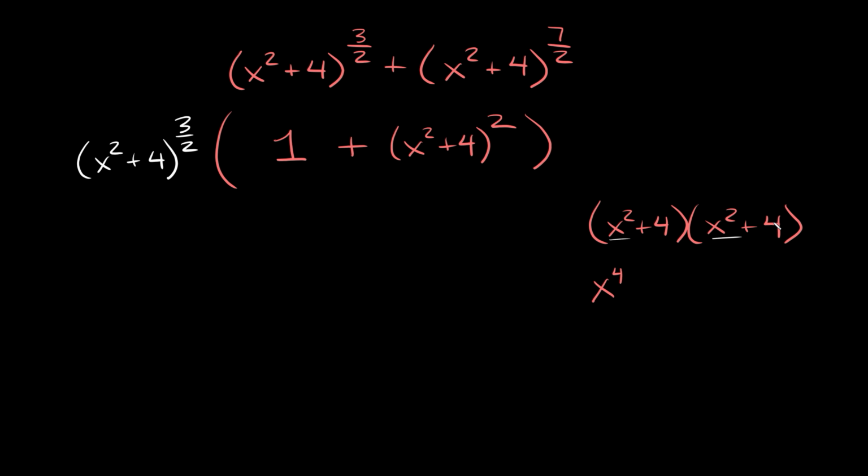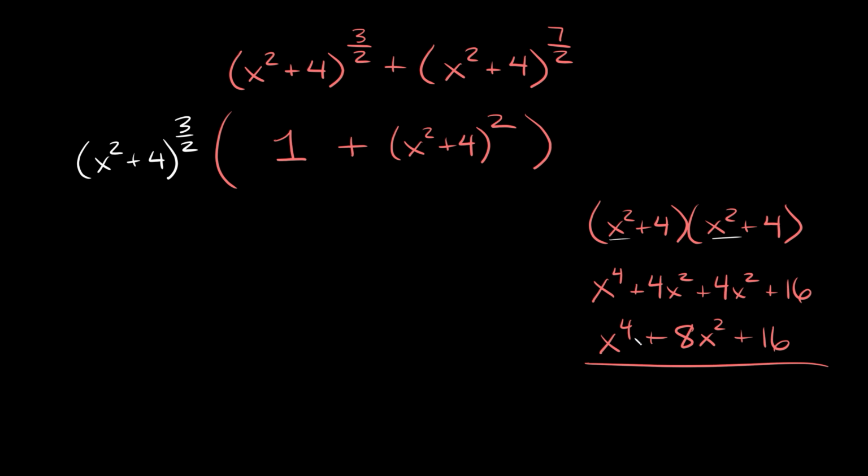And then x squared times 4, that's equal to plus 4x squared. And then 4 times x squared, that's also equal to 4x squared. And then 4 times 4 is equal to 16. And then simplifying this, we're going to get x to the 4th plus 8x squared plus 16. All right. So when we multiply this out, it simplifies to x to the 4th plus 8x squared plus 16.